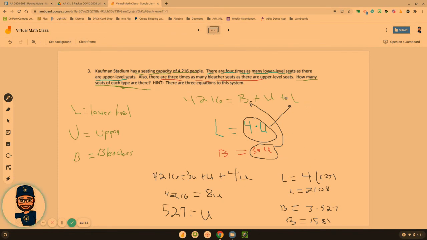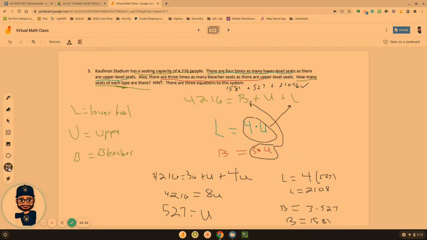Does the amount of bleachers, 1,581, plus the amount of upper seats, 527, plus the amount of lower seats, 2,108, if I add all of those together, does that indeed equal the 4,216? Using my quick calculator, it certainly does.